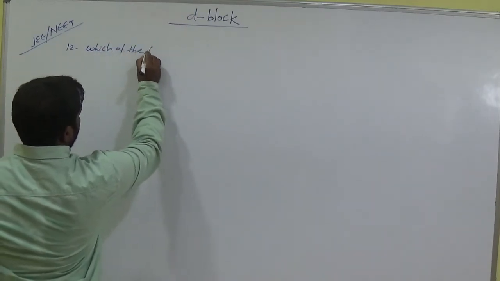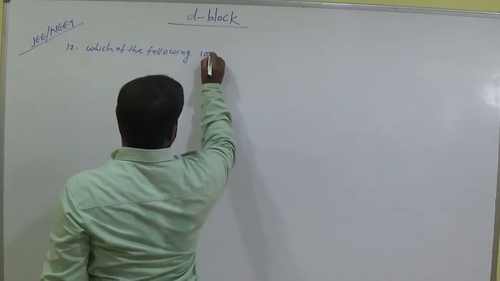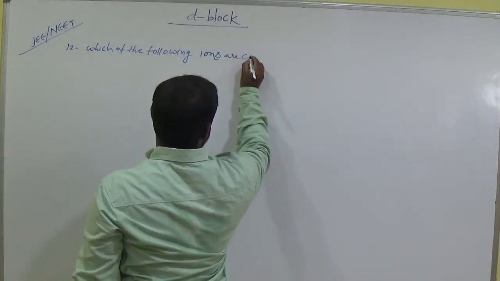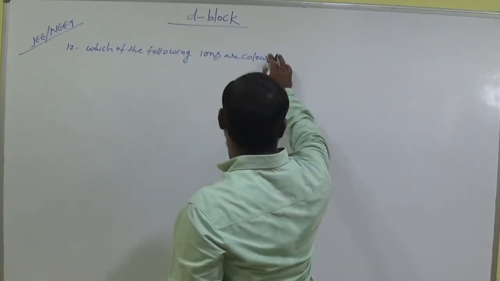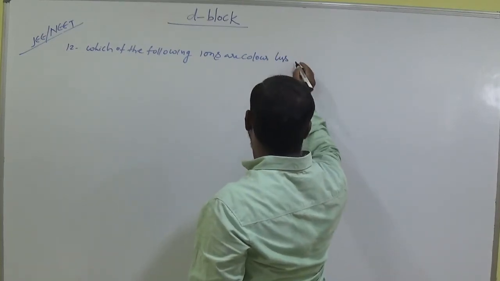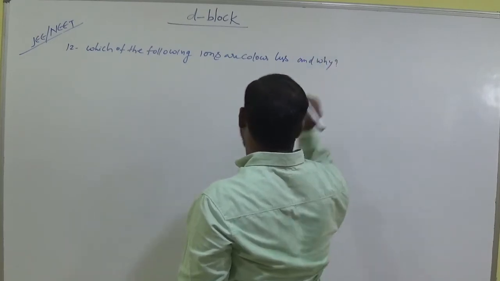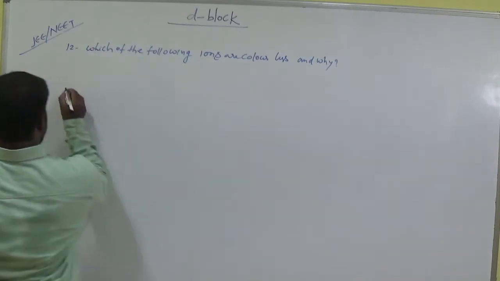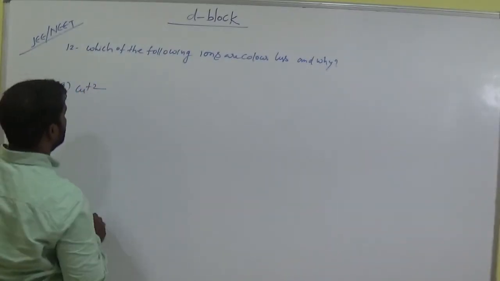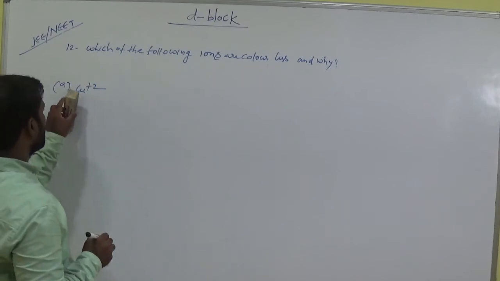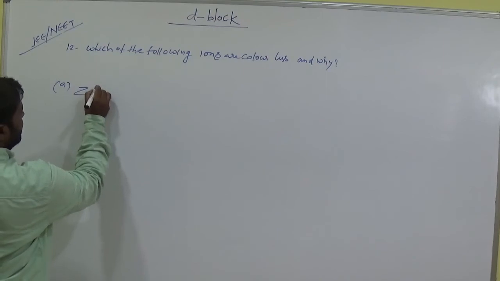Which of the following ions are colorless and why? Option A, Zn plus 2.